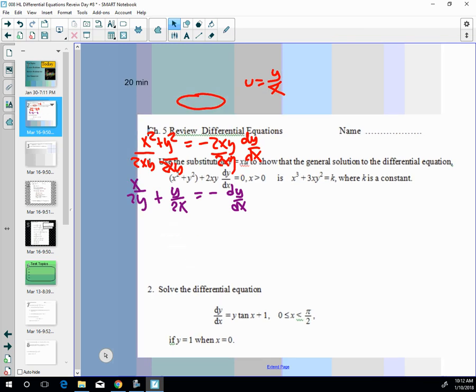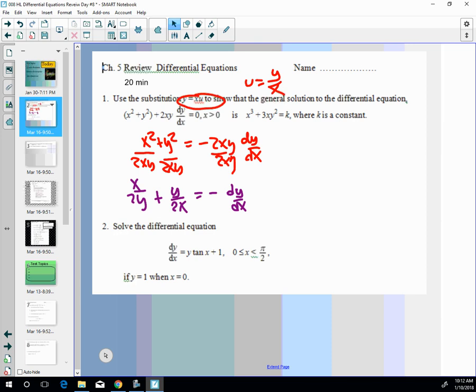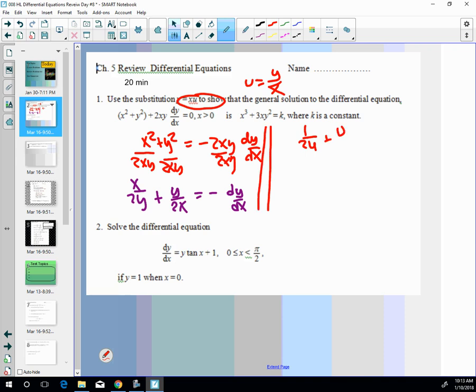Okay, now we're going to try. Oh, it's not going to let me do that. So now what we're going to do is we're going to let u equal y over x. So this is going to be 1 over 2u plus u over 2 equal negative, here comes, u plus x du/dx.